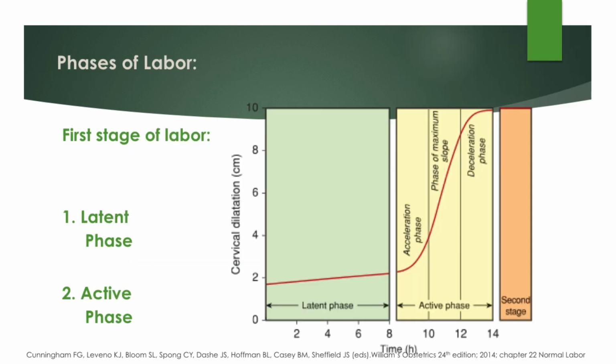The first stage of labor is composed of 2 phases, the latent phase and the active phase. The latent phase is the early part of labor when the cervix hasn't yet reached a cervical dilatation of around 4 centimeters. The active phase usually starts with active contractions, usually beginning at a cervical dilatation of 4 centimeters.